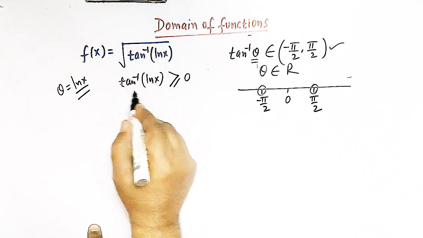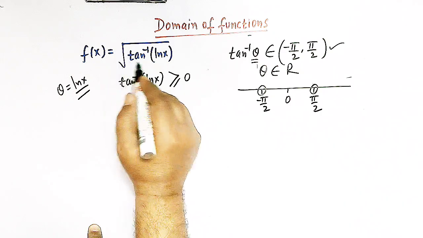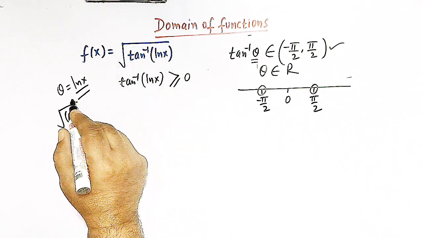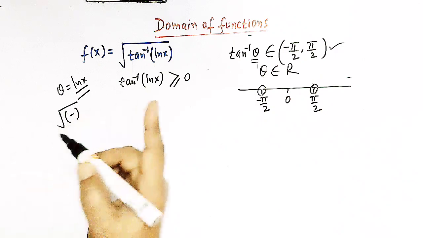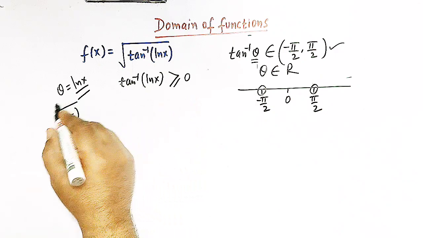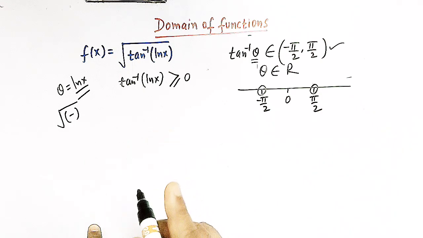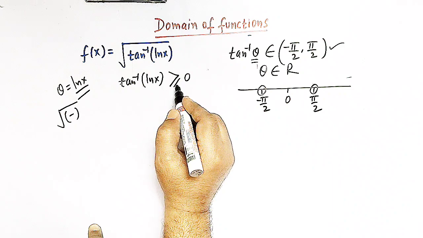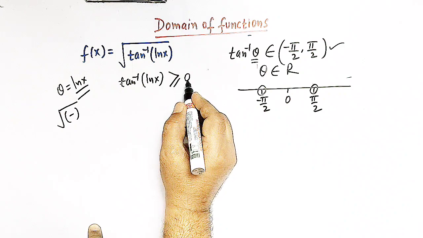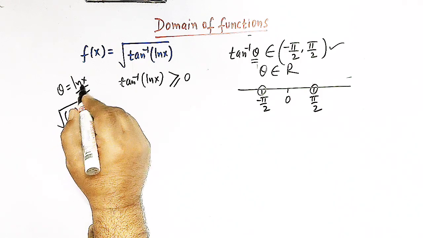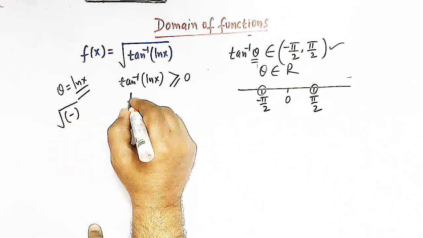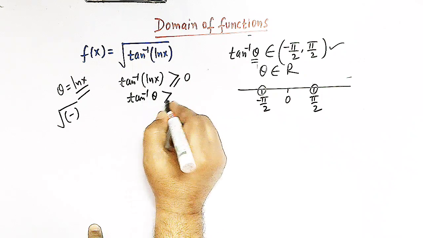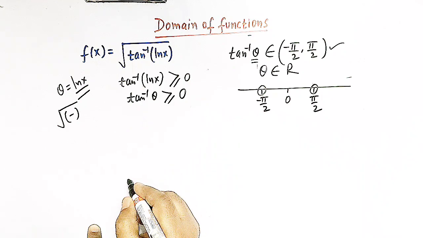If it is negative, then we have a negative quantity inside the square root, and that belongs to the set of complex numbers, but here we are dealing with only real numbers. So tan inverse natural log of x should be greater than or equal to 0. If we take natural log of x as theta, the inequality reads tan inverse theta is greater than or equal to 0.